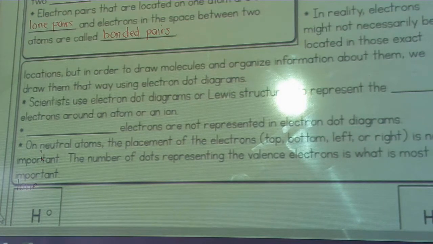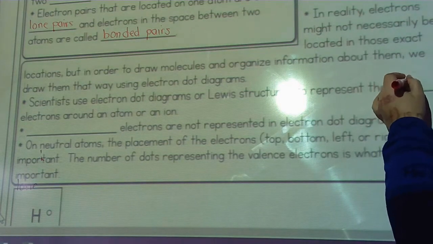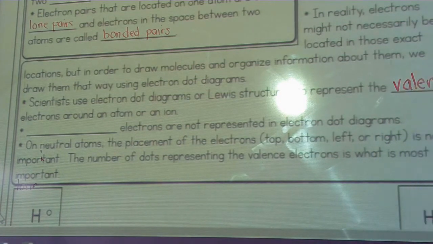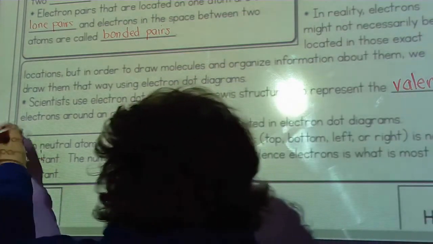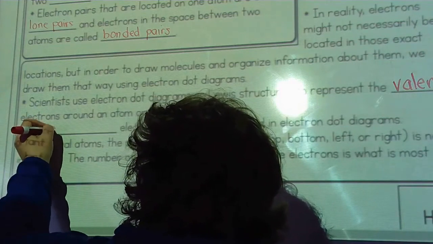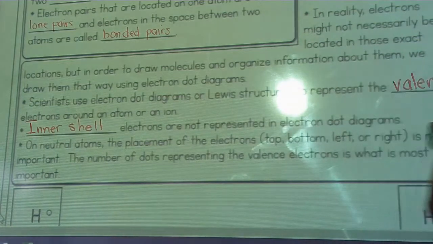These electron dot diagrams are also sometimes called Lewis structures, and the only electrons that we care about are the valence electrons. Those inner shell electrons are not important to what we're doing, so they're not represented.